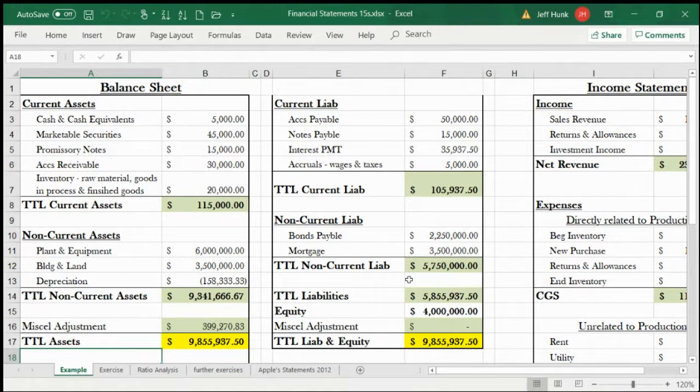Debt holders, bond holders, creditors, and lenders, they all mean the same thing. Of course, bond holders are a specific category of the lenders, or creditors. But basically, that's where this 9.85 million came from.